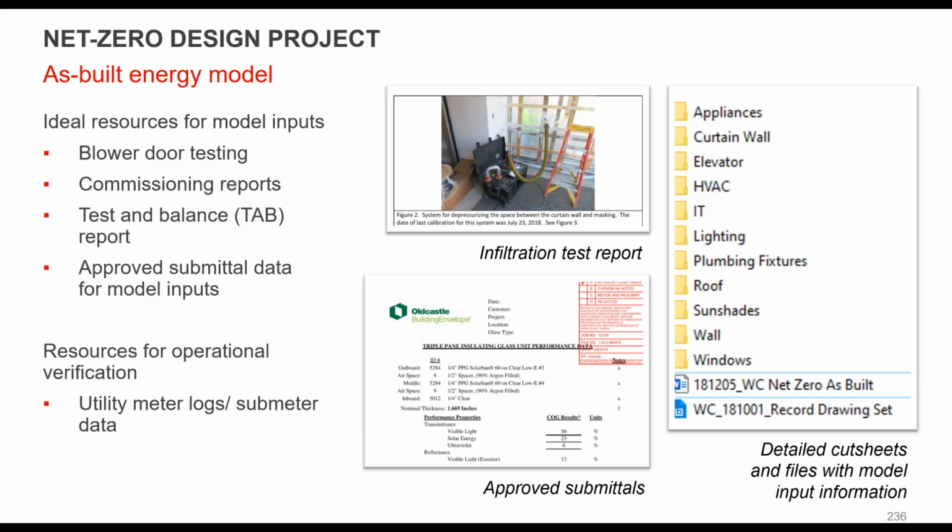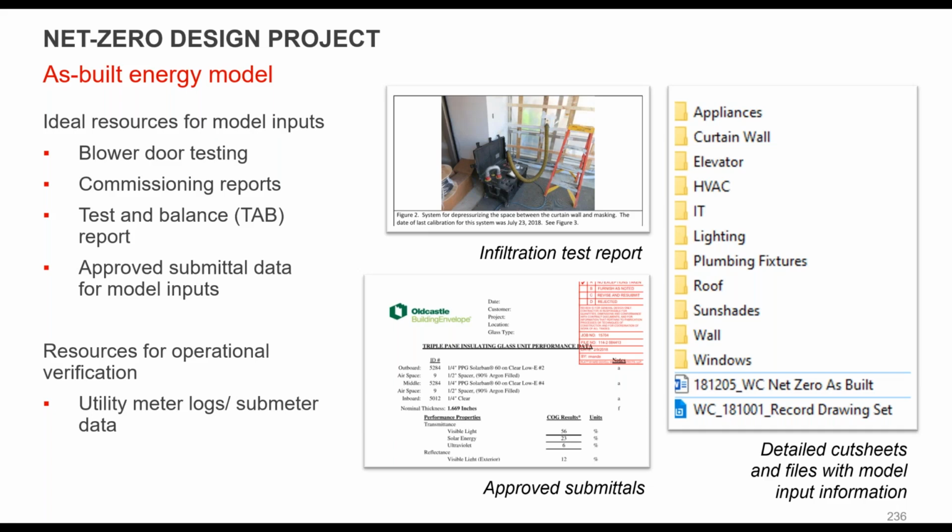But for commercial buildings, you might be looking at commissioning reports, test and balance, and approved submittal data, so that you're now looking at things that were actually installed. If you're trying to look at operational verification, utility meter logs and sub-meter data.